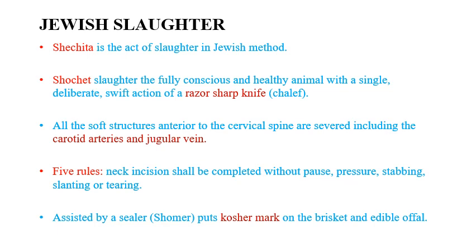Here there are 5 rules, that is, the neck incision shall be completed without pause, pressure, stabbing, slanting or tearing. And this whole process of slaughter is assisted by a sealer or somer, who also puts the stamp or seal of the kosher mark at the brisket and on the edible offals.